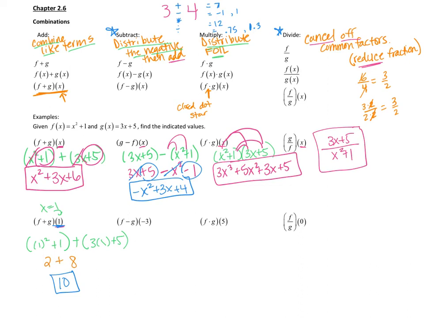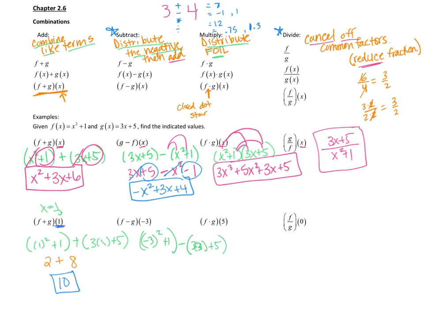All right, let's try our next one. I'm going to take f, which is my x squared. Oh, but instead of x, it asks me to use -3. So we're going to take -3 squared plus 1. And we're going to subtract g, which is 3 times -3 plus 5.